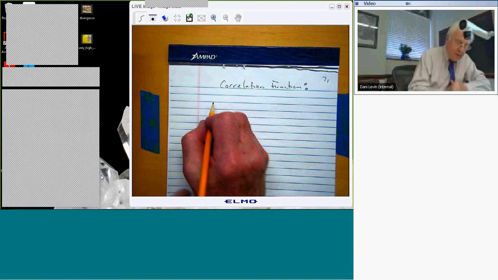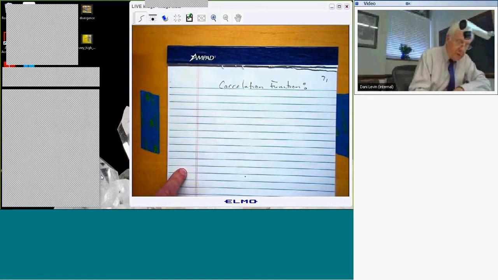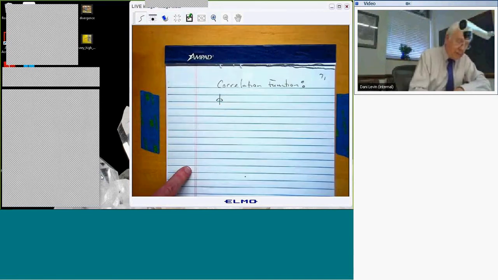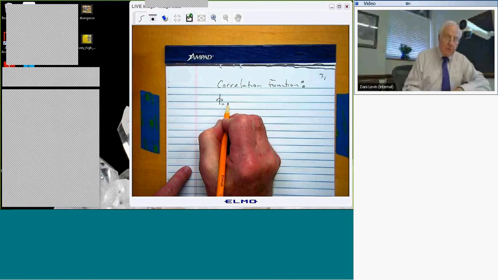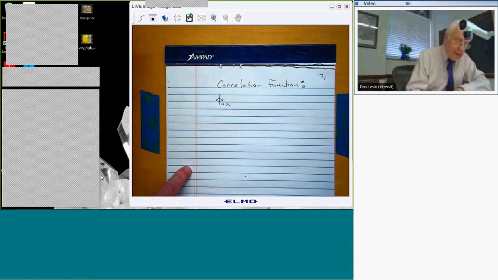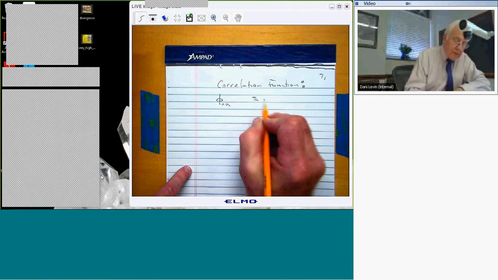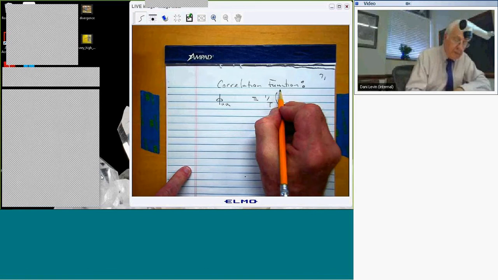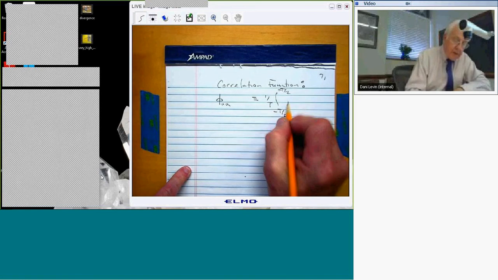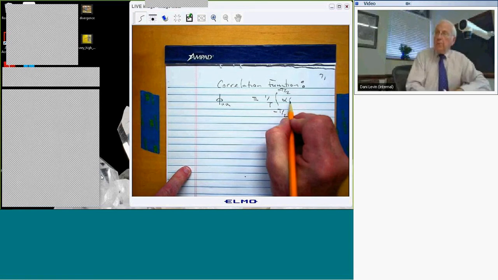I'm going to define the correlation function. I'm going to use the symbol phi, and let's say I'm doing the correlation function for alpha. It's defined to be 1 over T, the integral from minus T over 2, this looks familiar, I hope, of alpha of t. And then if I multiply by another alpha of t, I would get the mean square, right?